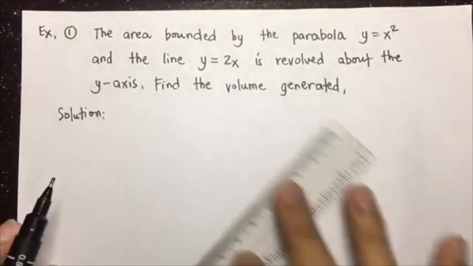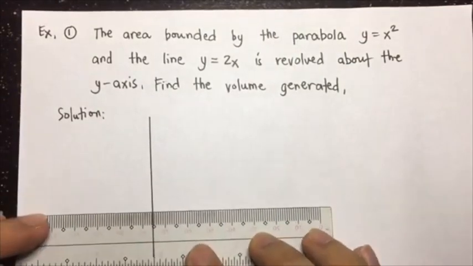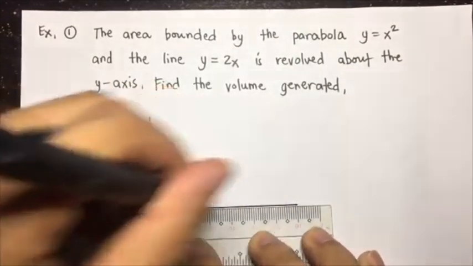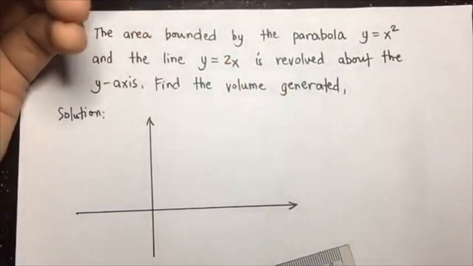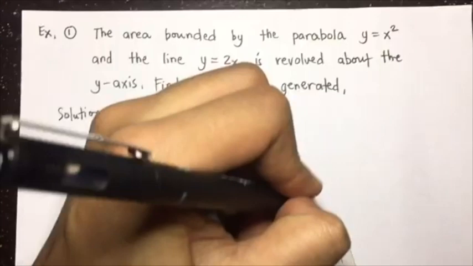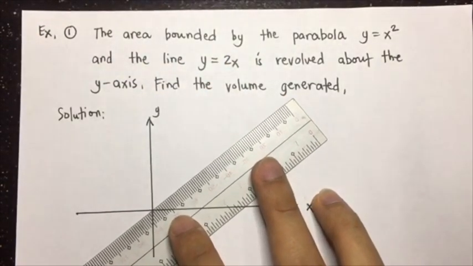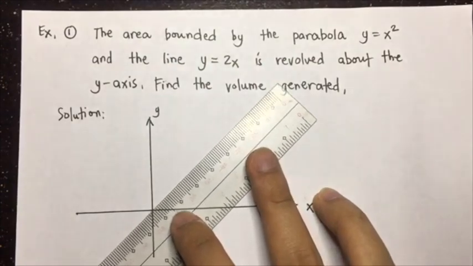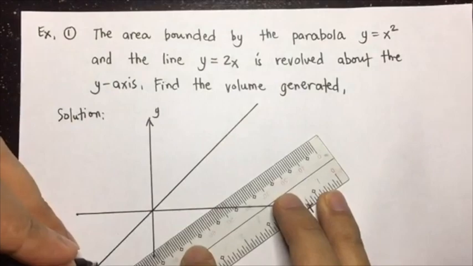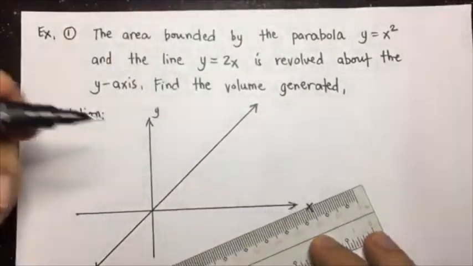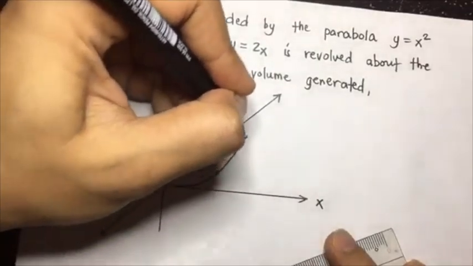Okay, so let's draw those two. We have a line with a slope of positive 2 passing through the origin. So our line looks like this, and then our parabola looks like this.